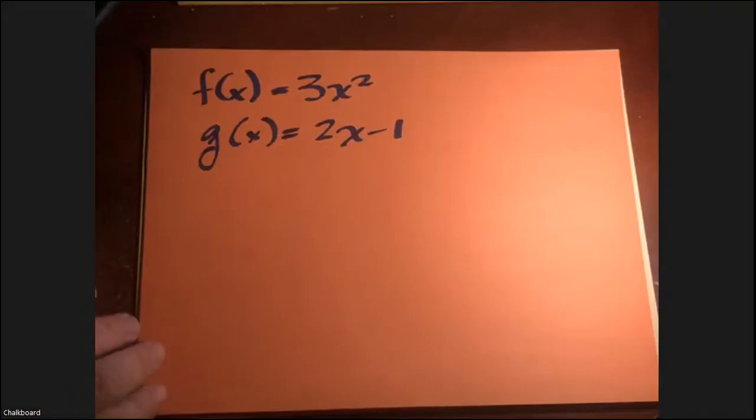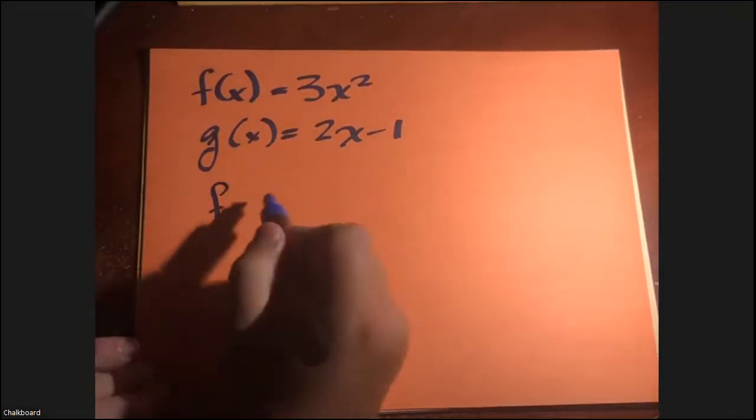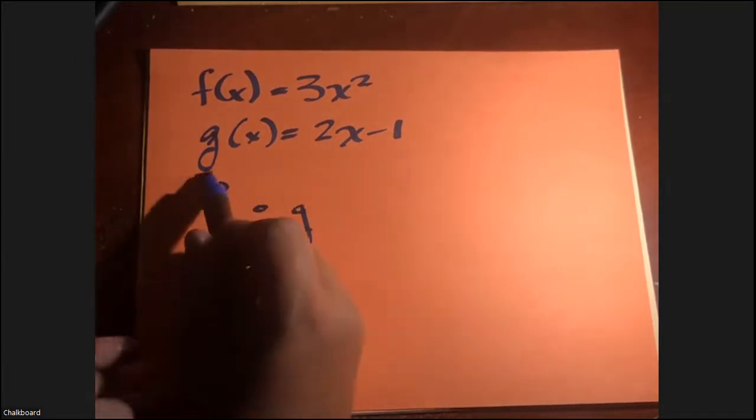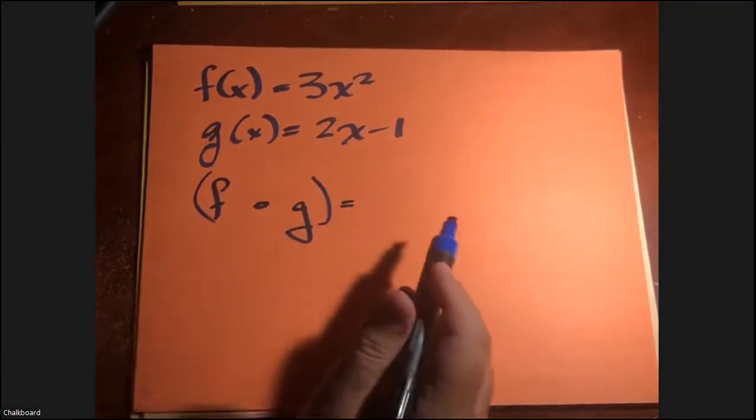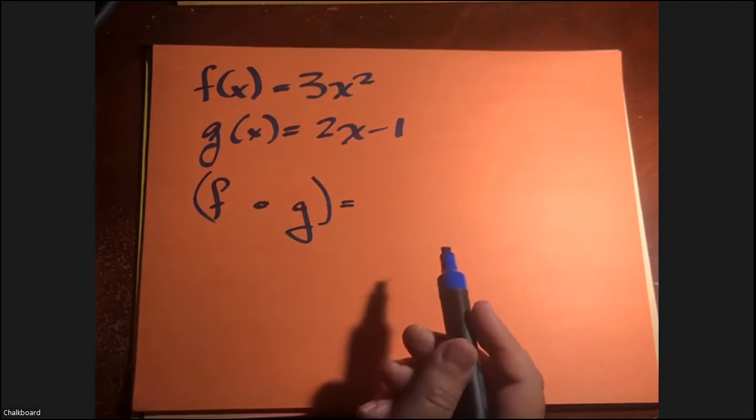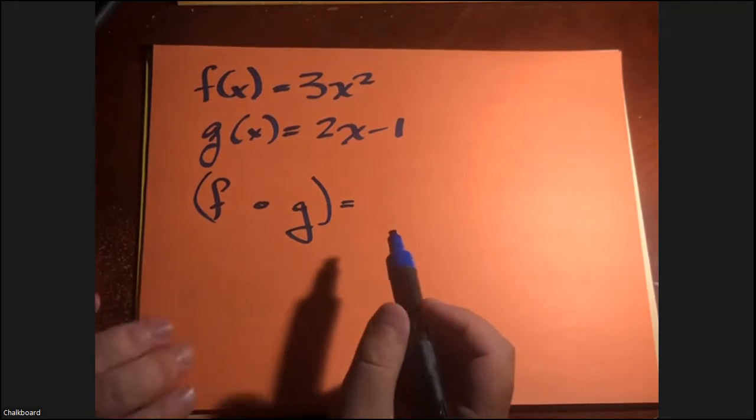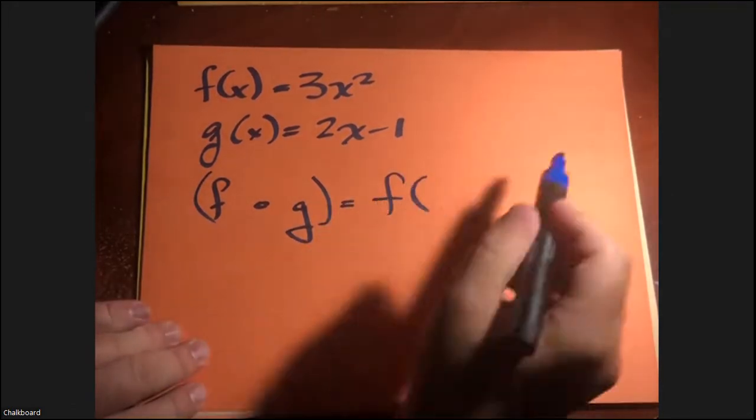Okay, so we're trying to find F compose G. That's how you say this out loud. It looks like fog. It's kind of funny. F compose G. The way you do F compose G is you find F of G of X.